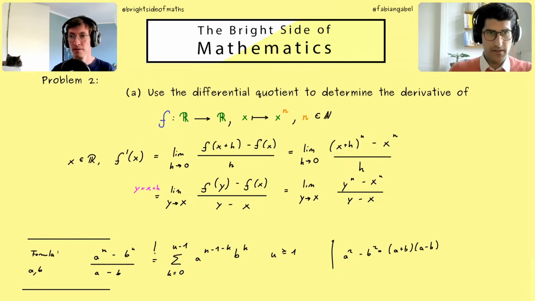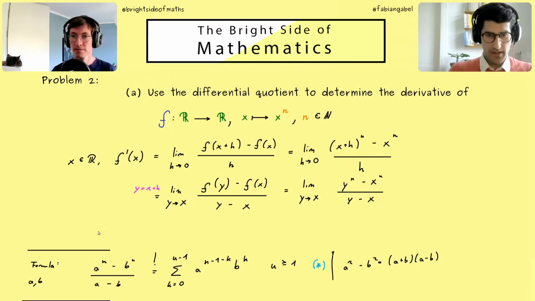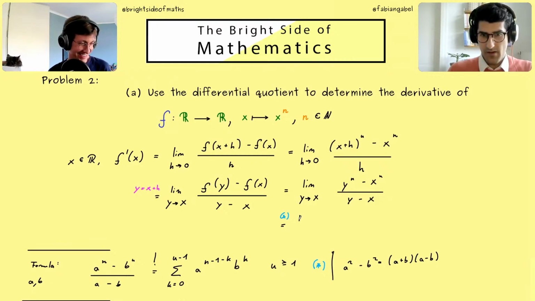So let's give it also a reference. This identity here, I give the reference star. I hope everything fits on the screen now, because now I want to use this identity to modify this difference quotient that I have here. It looks very similar to your formula. That's great, because now I can simplify everything to a nice looking sum.